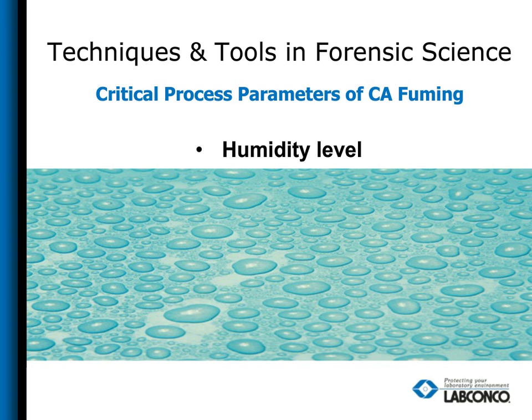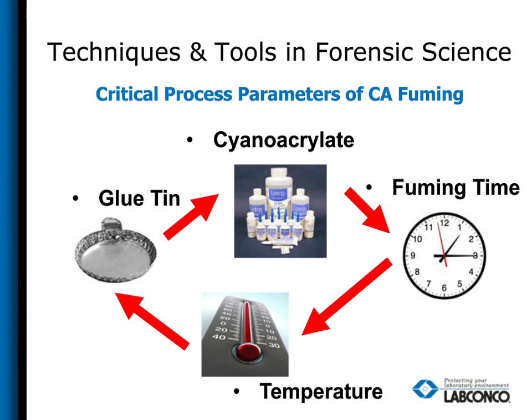The biggest area of inconsistency, I would say, with the cyanoacrylate processing or CA fuming is when we get involved with the actual superglue or CA used, the heat source, the amount of time, and the actual vessel you put the glue into, or the glue tin.